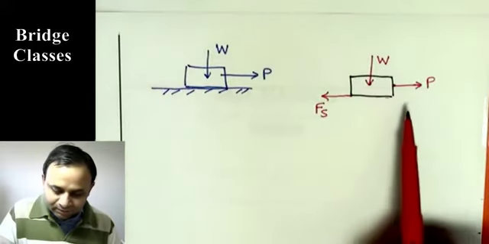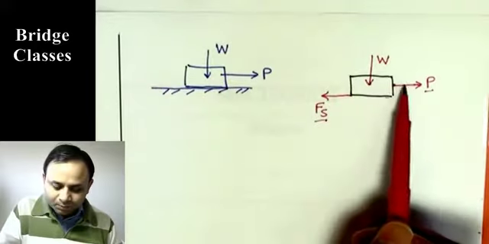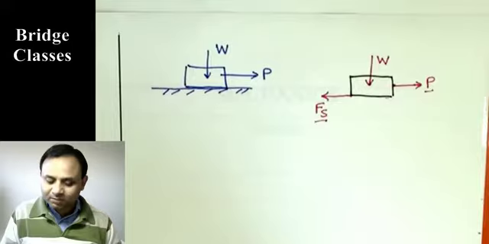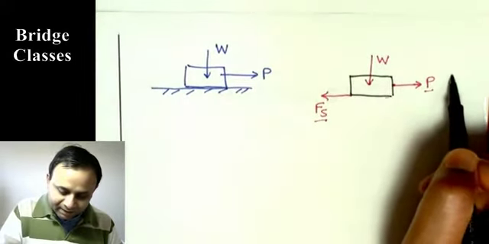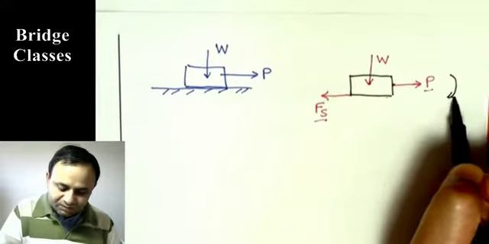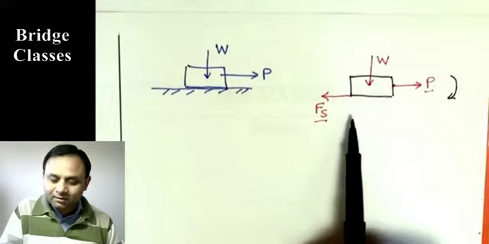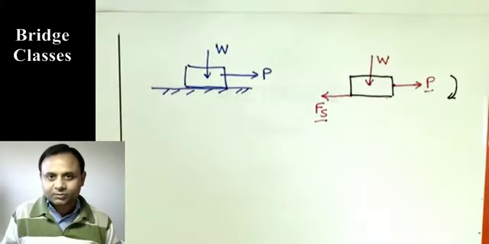You see, these two forces P and Fs, they are opposite, and for equilibrium they are equal, they are parallel, so they form a couple. So these two forces P and Fs have a clockwise moment on the body. So the body is going to rotate unless the other forces have a counterclockwise moment.